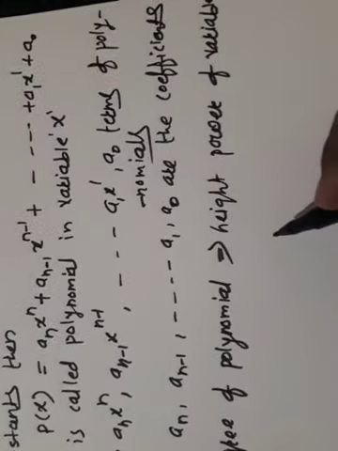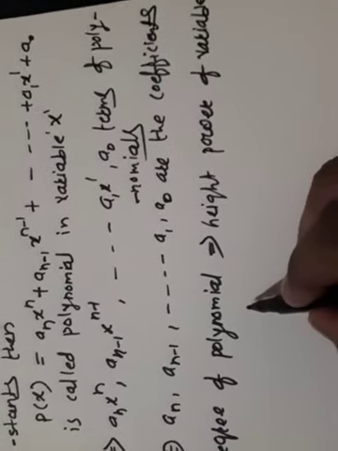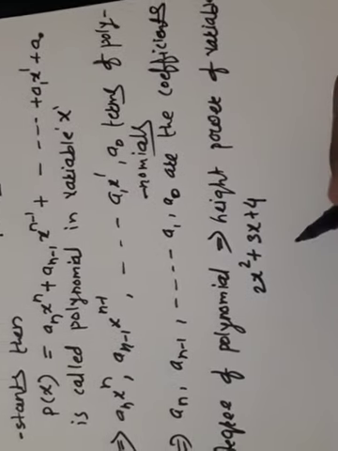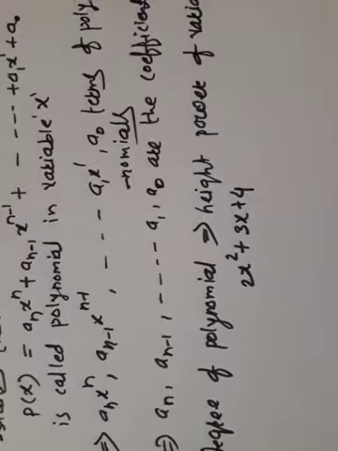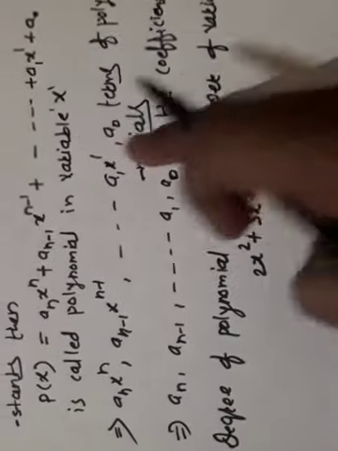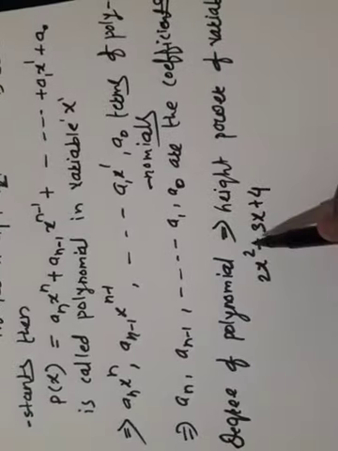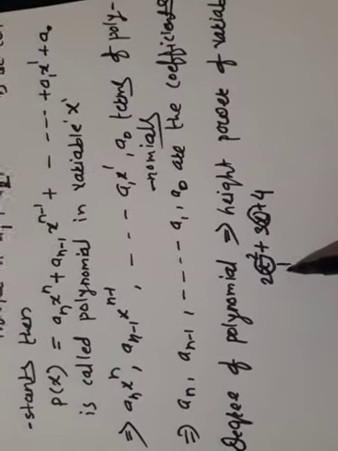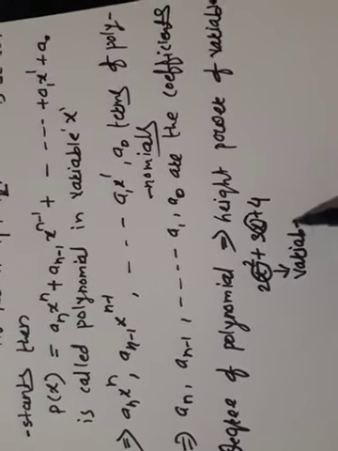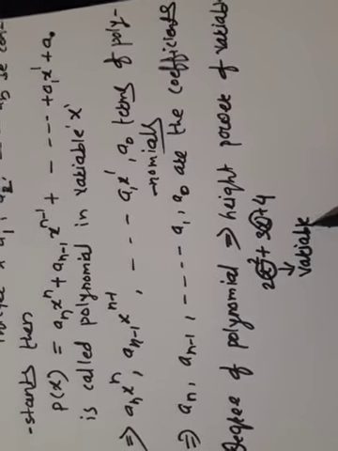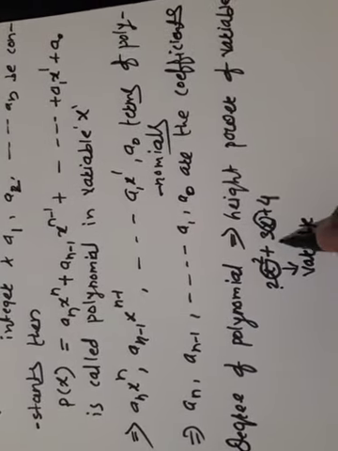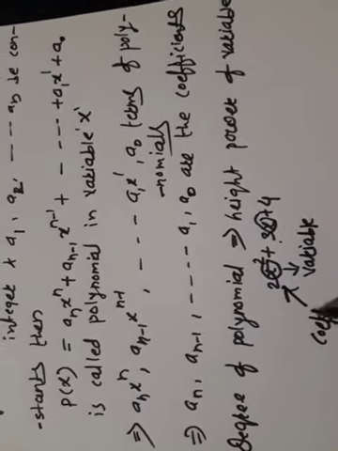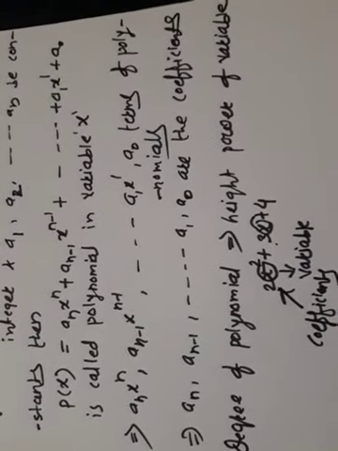For any polynomial, for example, for your understanding suppose I have taken the polynomial 2x square plus 3x plus 4. I will explain these concepts once again. Look here, x is the variable. These numbers 2, 3, what are they called? Coefficients.